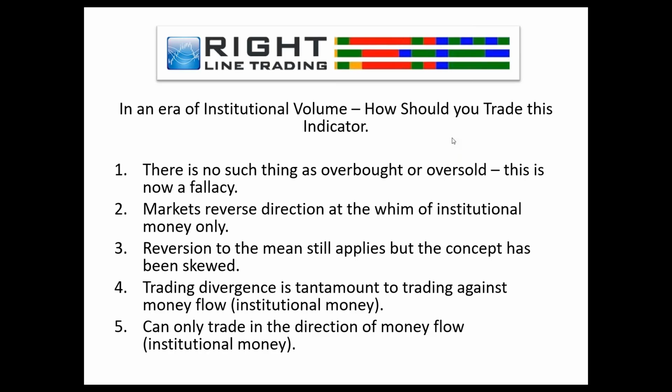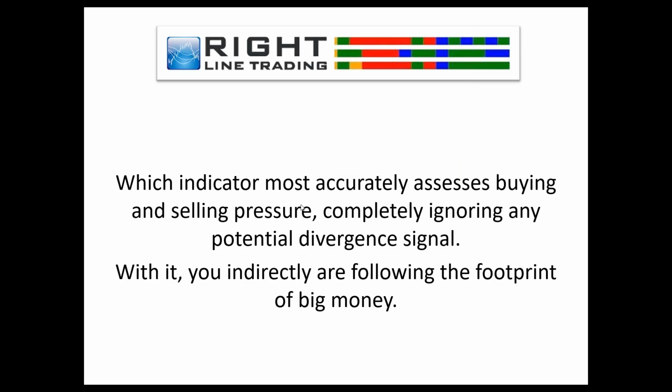What it can only do is put you in the direction of institutional money, and it does that extremely accurately. So what we're going to do is look at buying and selling pressure, and completely ignore any potential divergence signals.